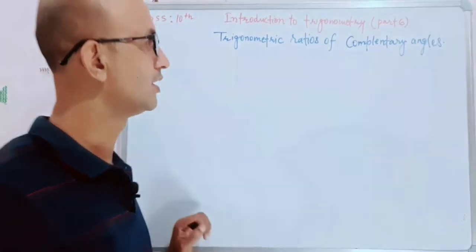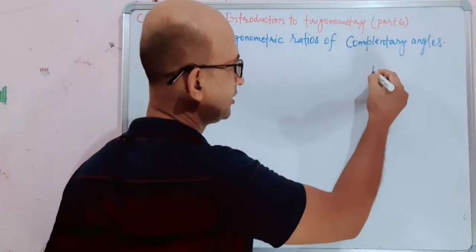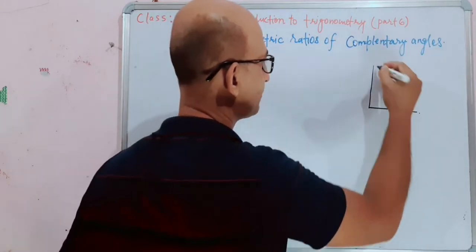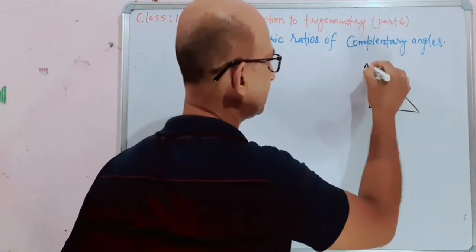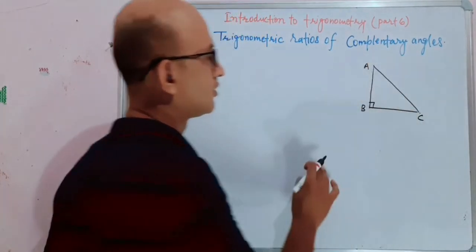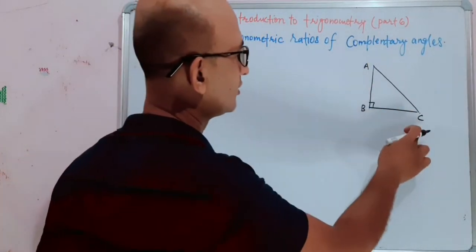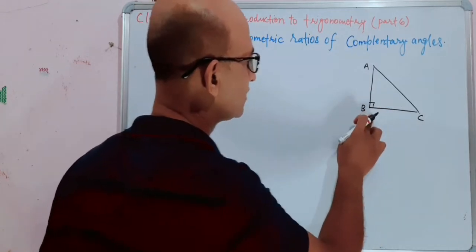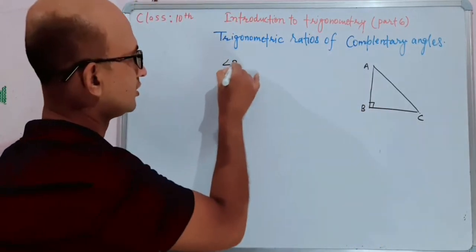Dear students, as we know that in a right angle triangle, one angle is 90 degree. Here we have drawn a right angle triangle ABC in which angle B is 90 degree.